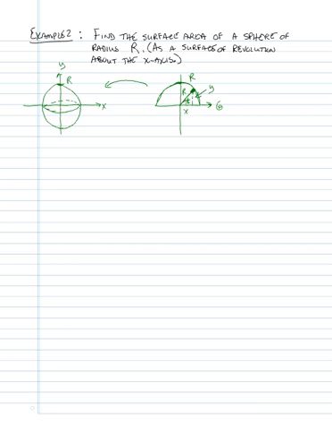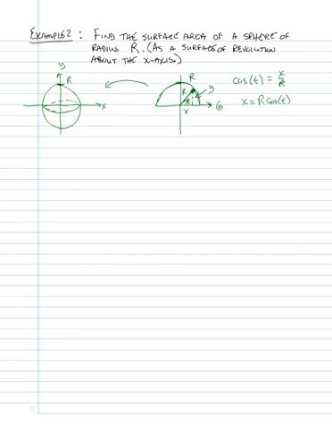Now, if we look at that, what we recognize from long ago is that the cosine of t would be adjacent over hypotenuse, and so that would be x over capital R. So we could define x as capital R times cosine of t.